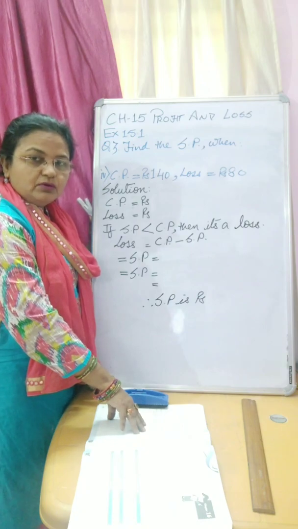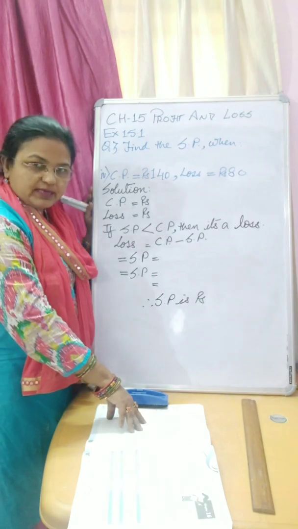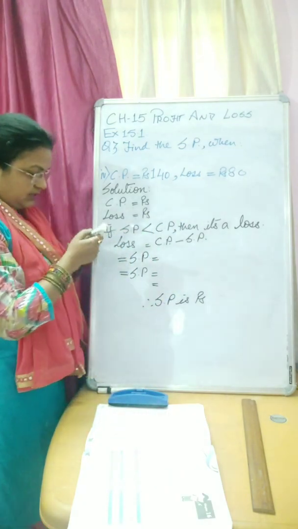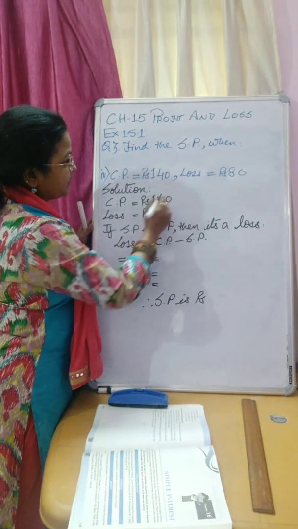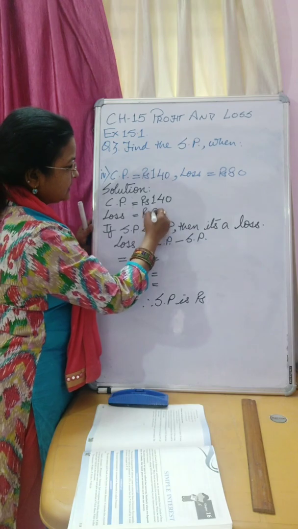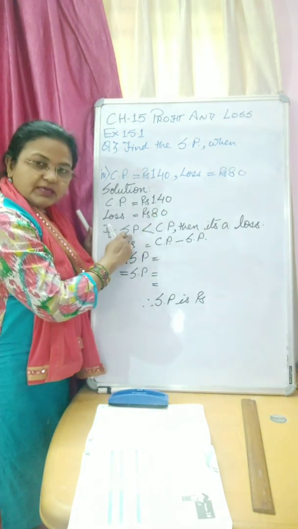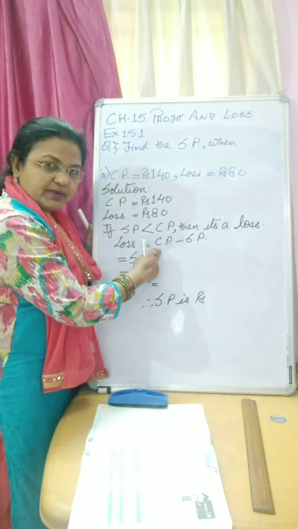Children, now let us do question number 3, subpart 4. Here we have to find out SP when CP and loss are given. Now let us see the solution. CP is rupees 140. Loss is rupees 80. Now we know loss takes place when SP is smaller than CP. So the formula would be loss is equal to CP minus SP.